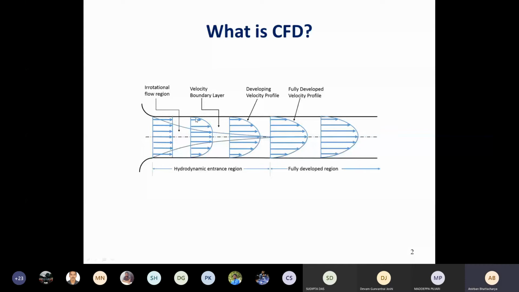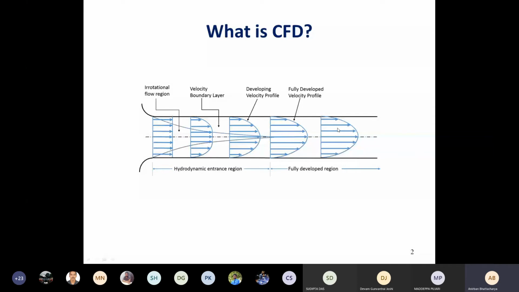The velocity profile keeps on changing. Ultimately it becomes more and more like a parabolic profile, and at some point it becomes fully parabolic. The distance up to this point is known as the entry length, and after that it is known as the fully developed region. These things are already known in fluid mechanics.